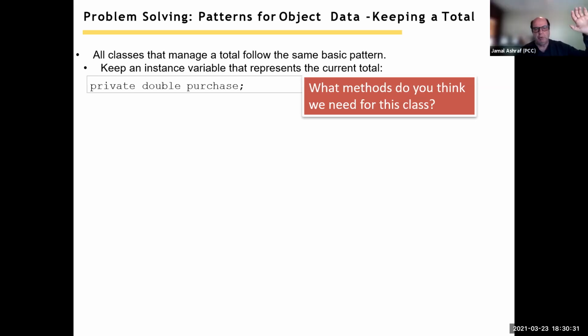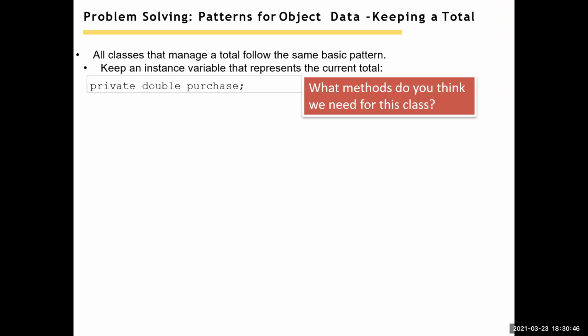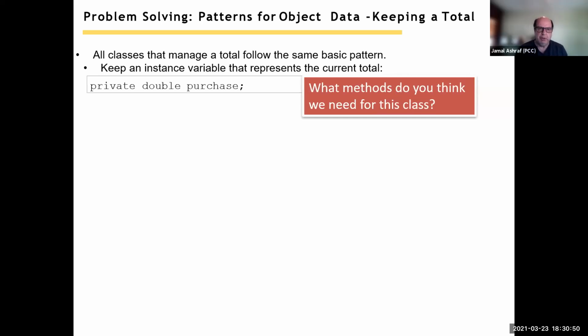So I have a total. So I have a way of adding to the total. I have a way of getting the total. There's one more thing left. Setting, and the adding, I think it's the same thing.